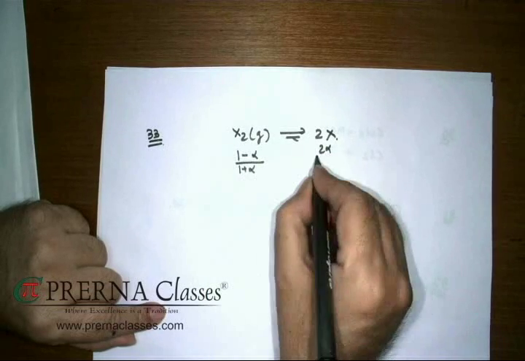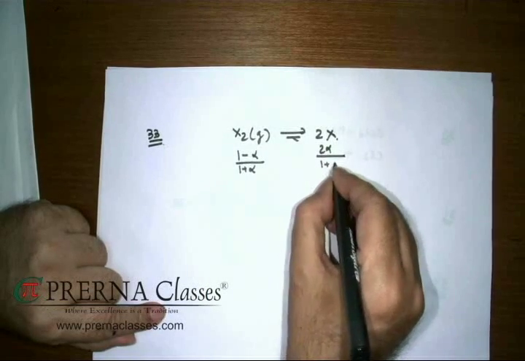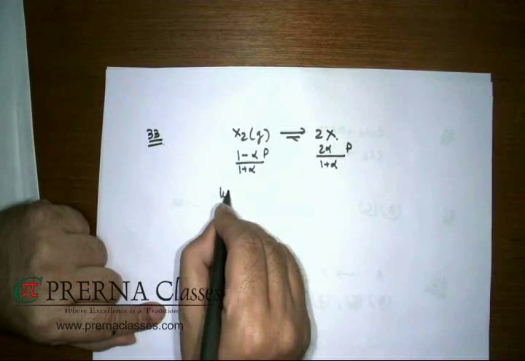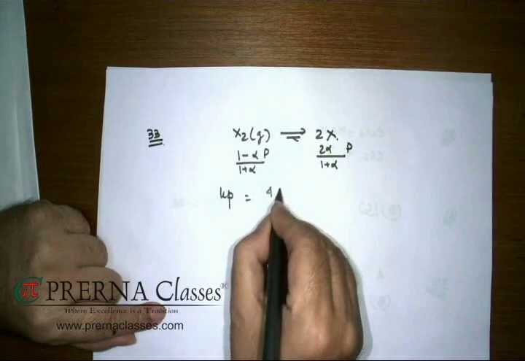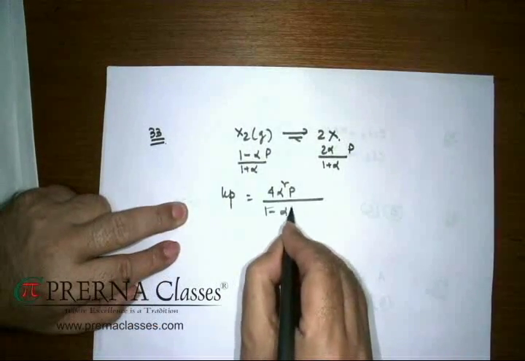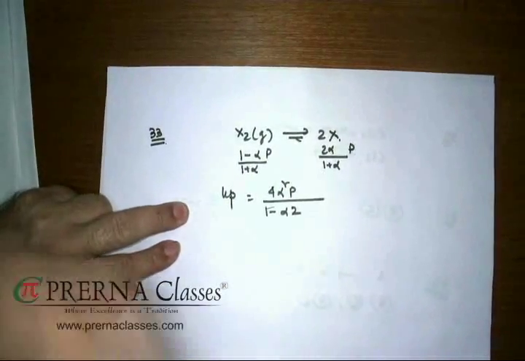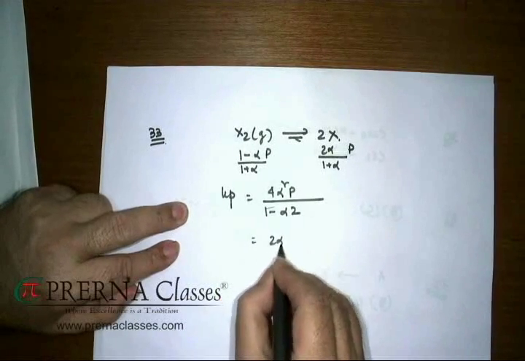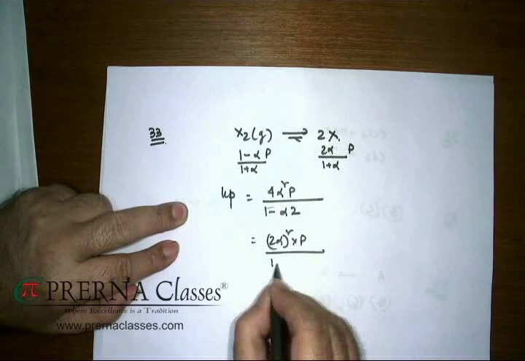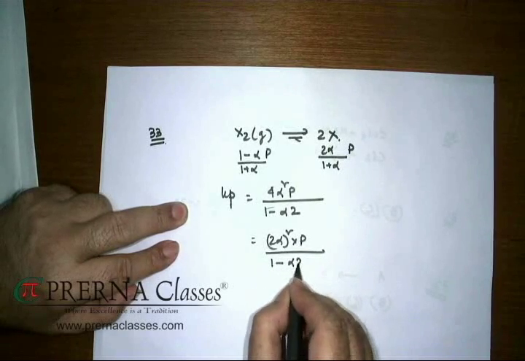Mole fraction will be 1 plus alpha and 1 plus alpha. Partial pressure will be P into P. So Kp of this expression is 4 alpha square P by 1 minus alpha square, which I can write as 2 alpha whole square into P by 1 minus alpha square.